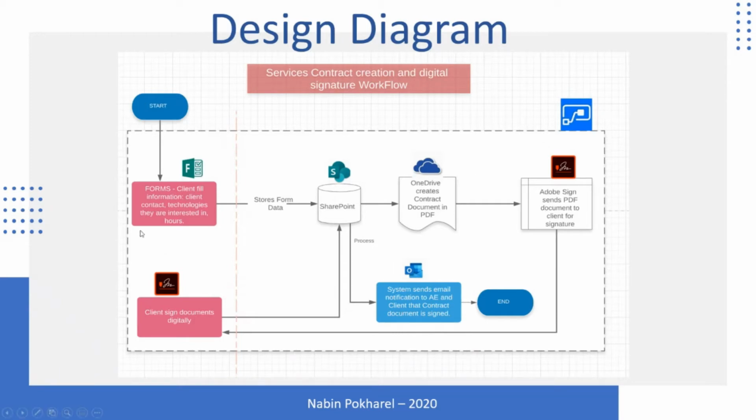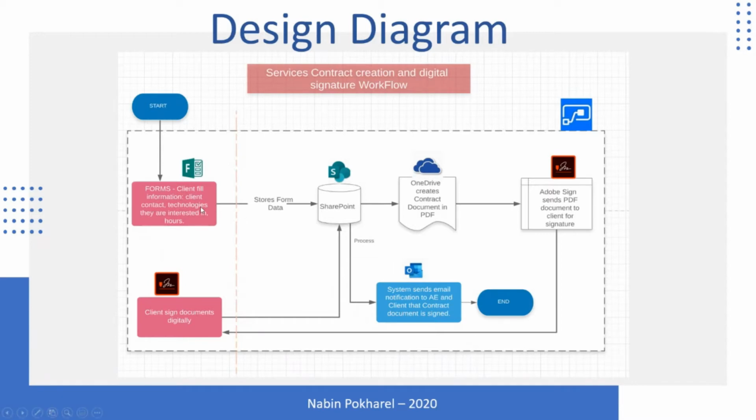So basically, these two are taken by a client, and all these things are by the vendor, awesome technology. I just named it awesome. When the client fills out the form, the form includes their information such as technologies they are interested in, hours they need, their email address, company name, and so on.